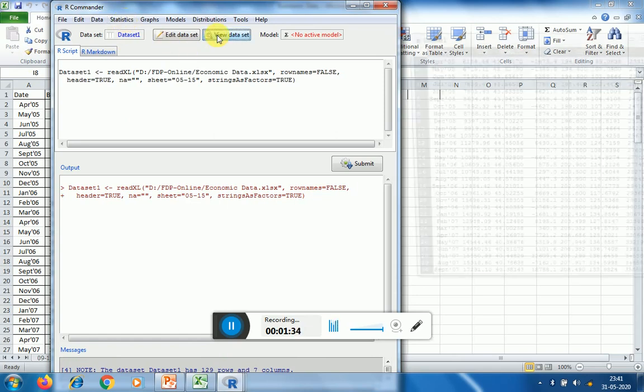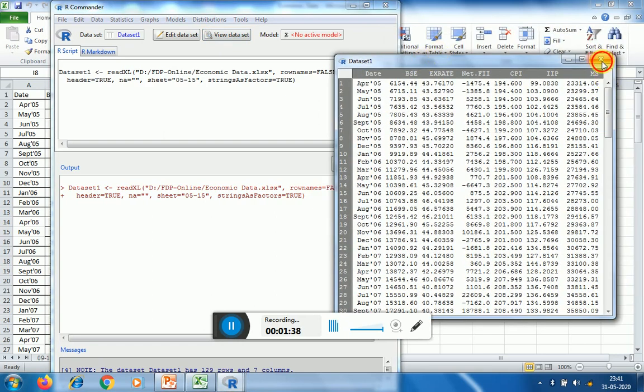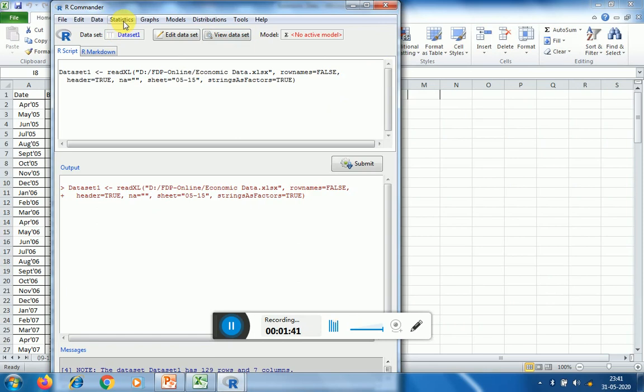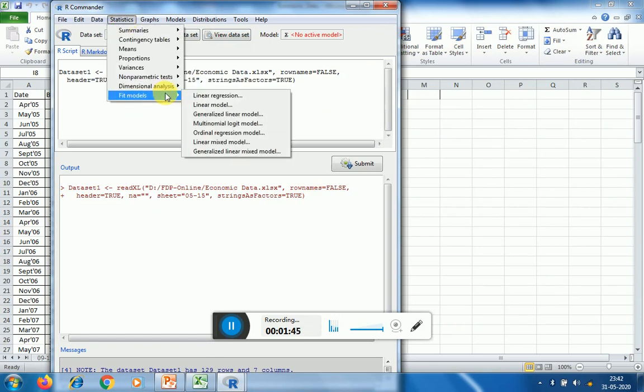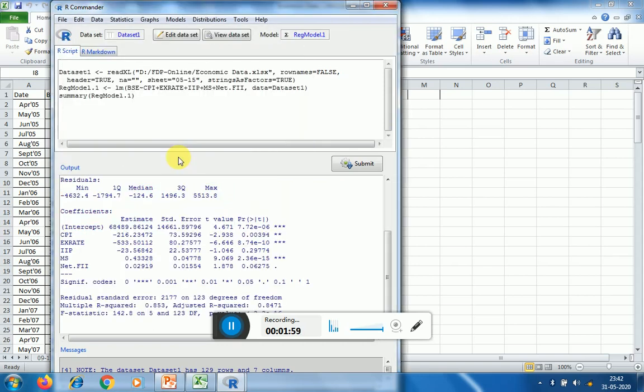So this data is uploaded. Now we will first perform the multiple regression analysis. So fit model, linear regression. So here the response variable is BSE Sensex and the rest of the variables we will select and then click on OK.